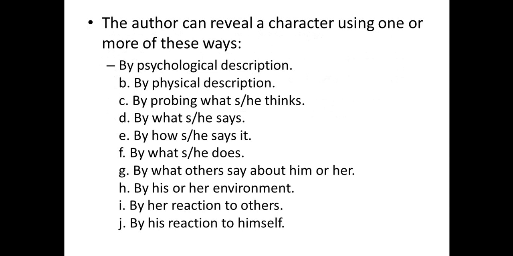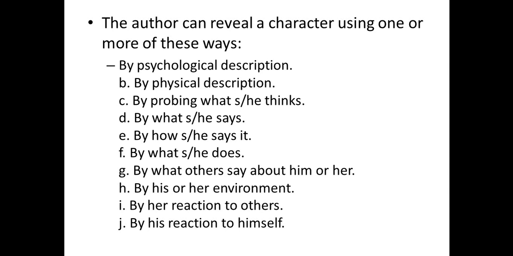Now, how is a character revealed to you as readers in a story? Authors use different ways. One, they use psychological description. They describe his traits of personality to you directly, or by physical description. They describe his physical appearance and how he looks. Also, by what he thinks.